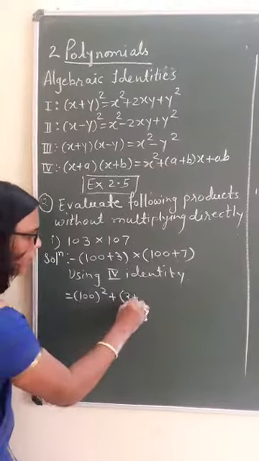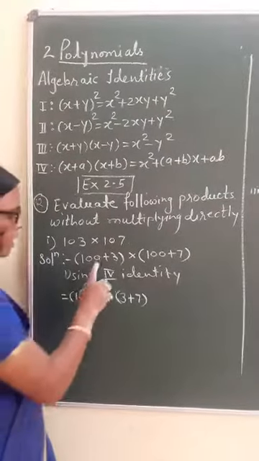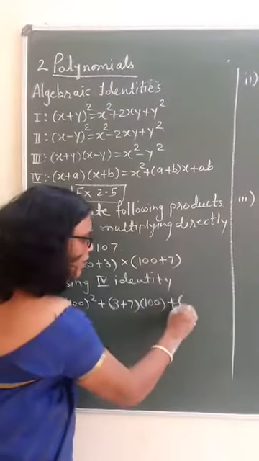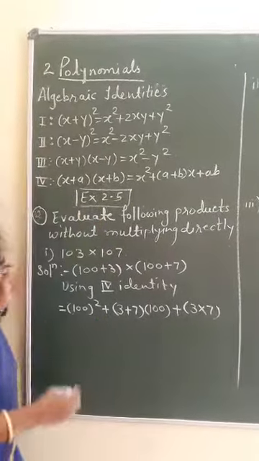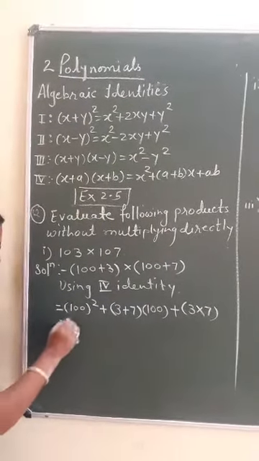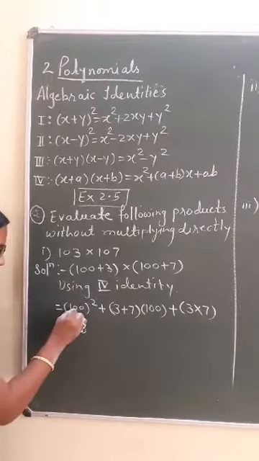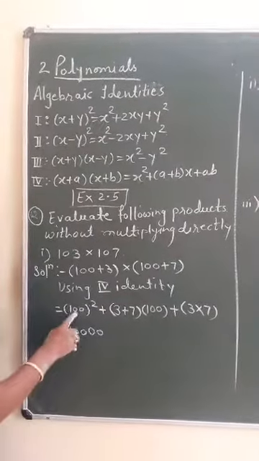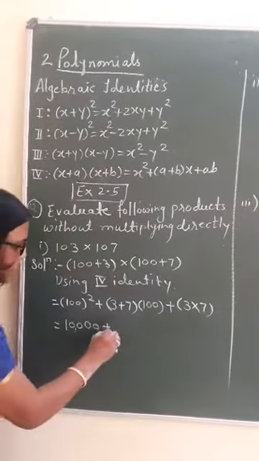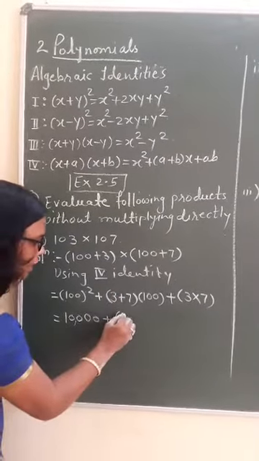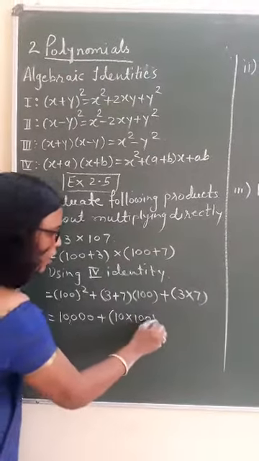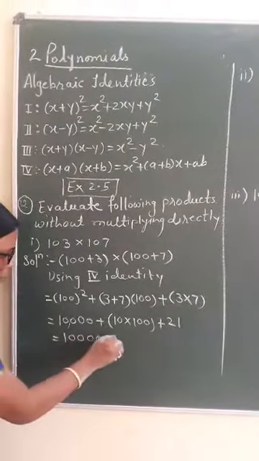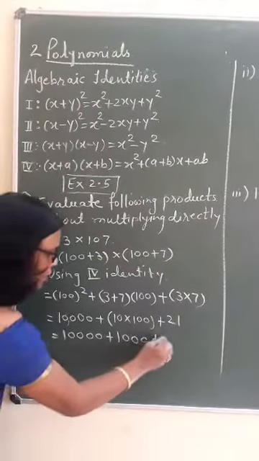Here it is 3 and here it is 7, so 3 plus 7, both positive, multiplied by the first term, that is 100, plus the last term, 3 into 7, the product of the second terms. 100 square: 100 has 2 zeros, when squared you get 4 zeros, so 100 square is 10,000, plus 3 plus 7 is 10 into 100, which is 1,000, plus 3 times 7 is 21. Here we get 10,000 plus 1,000 plus 21.